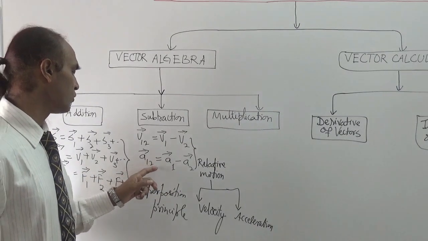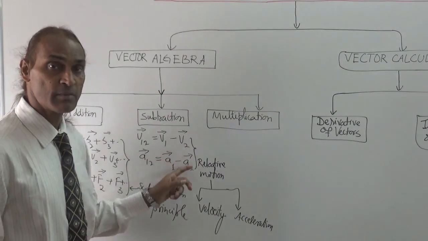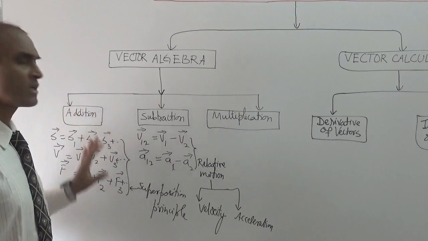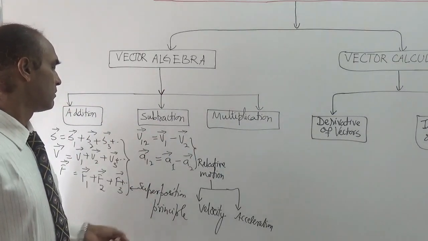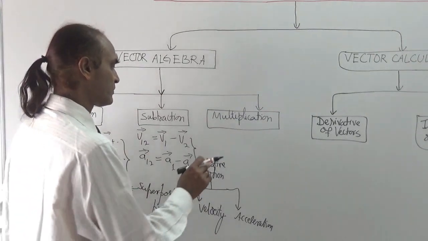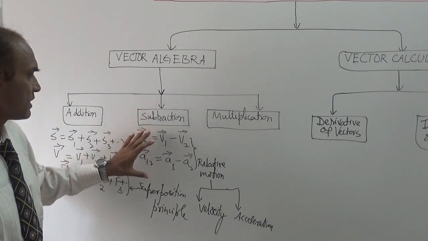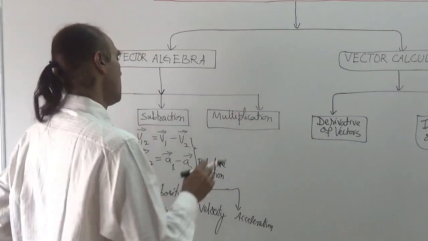Acceleration of 1 with respect to 2 can be given as acceleration of 1 minus acceleration of 2. All these things will be discussed in detail in the respective chapters.